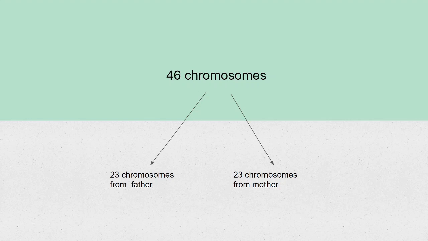Sometimes we like to say that we have 23 pairs of chromosomes instead of 46 total, because we have to remind ourselves that for each chromosome we have a maternal and paternal copy.